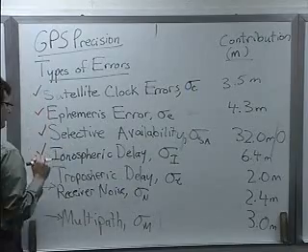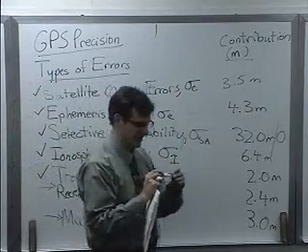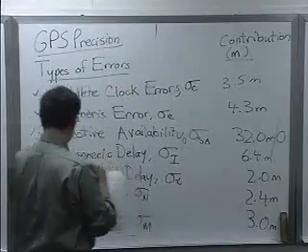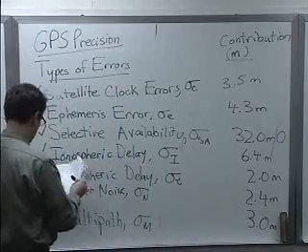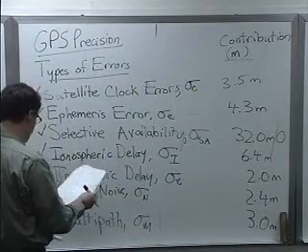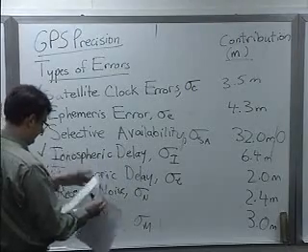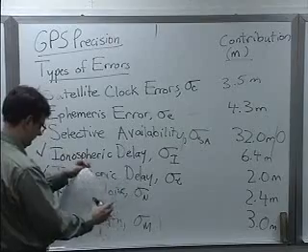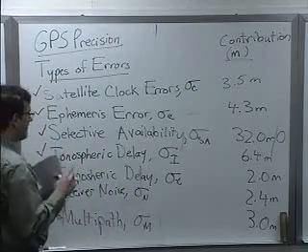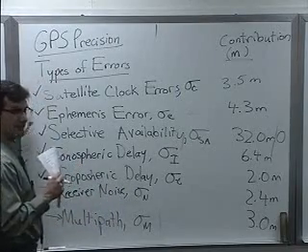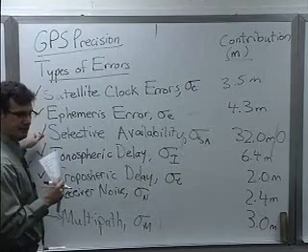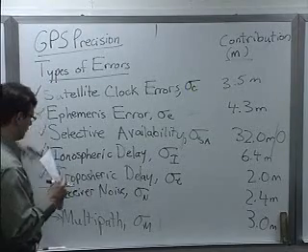And this I should be able to get rid of too, if I synchronize with the clock. So this is the stuff that differential GPS or augmented GPS is trying to get rid of, those kind of errors.